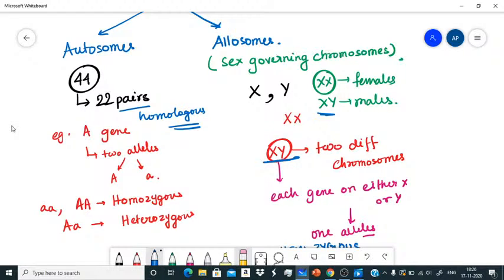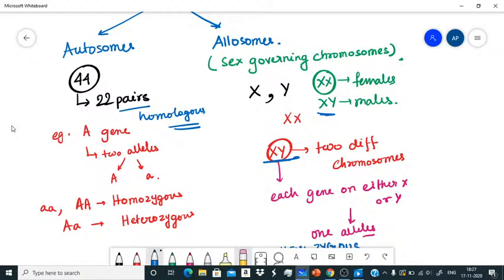That means the genes that are present on the X chromosome and on the Y chromosome in a human male all have only one allele in that particular human, because the X chromosome does not have its homologous pair present, and similarly the Y chromosome does not have its homologous pair present. That means all the genes present on the X chromosome as well as the Y chromosome in an XY situation, that is in a human male, have only one allele.